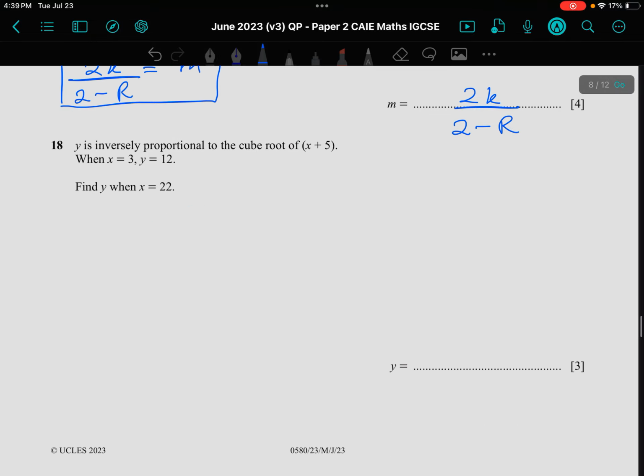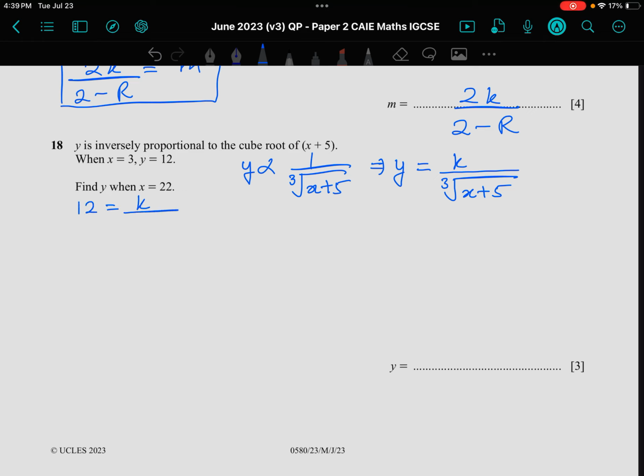Now y is inversely proportional to the cube root of x plus 5. Now when x is equal to 3, y is equal to 12. It implies when we remove the proportionality sign, we introduce a constant of proportionality. Here it is k upon cube root of x plus 5. Given x is equal to 3, y is equal to 12. So put the values to find the value of k.